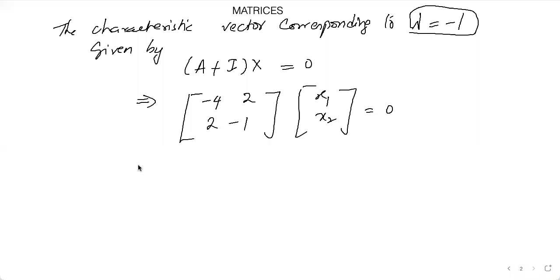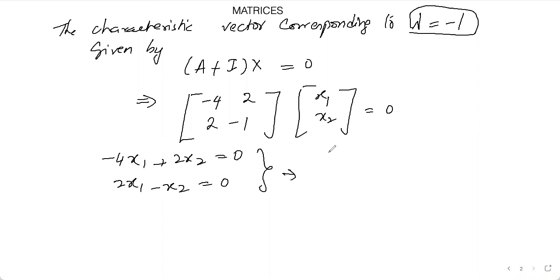Now the usual method, like you'll get two equations, like minus 4x1 plus 2x2, which is equal to 0, and you get 2x1 minus x2, which is equal to 0. So on solving this, we get x1, which is 1, and x2 as 2, right? So you get 1 and 2. This is with respect to x1 and x2.